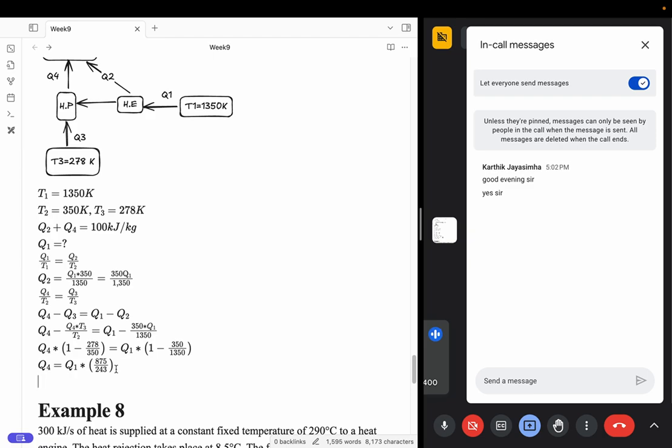Did you get the same value between Q4 and Q1? Okay. So you can substitute it back in the original equation and then tell me what is the final value of Q1.